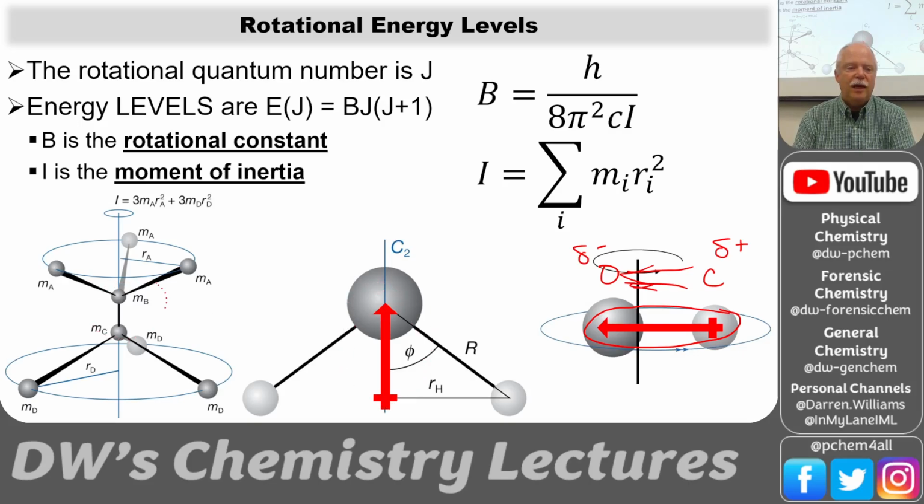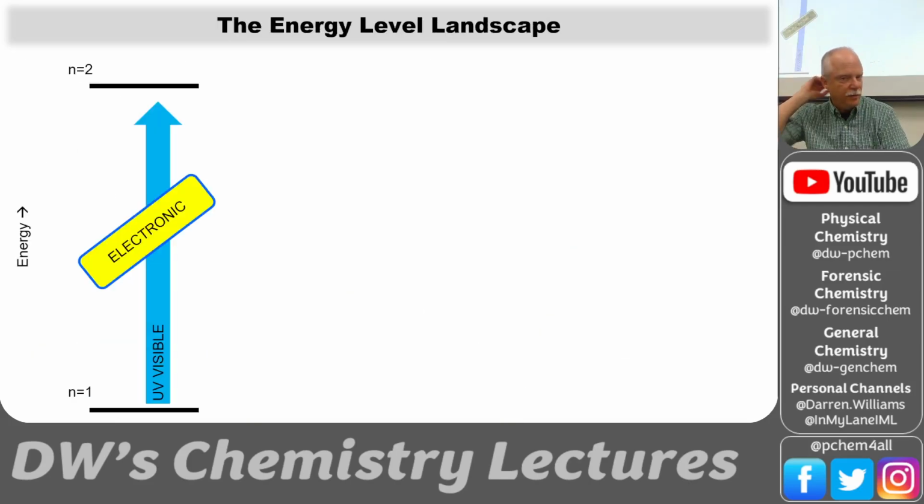A molecule like ethane, even though it has polar bonds like this, each one of these bonds is a small dipole. But because of the geometry, they all cancel out. And so this molecule does not have a net dipole. And so this is one of those situations where you can have polar bonds, but the molecule as a whole is nonpolar. That's important for rotational spectroscopy, and we'll talk about that in a minute. So let's look at the energy landscape.